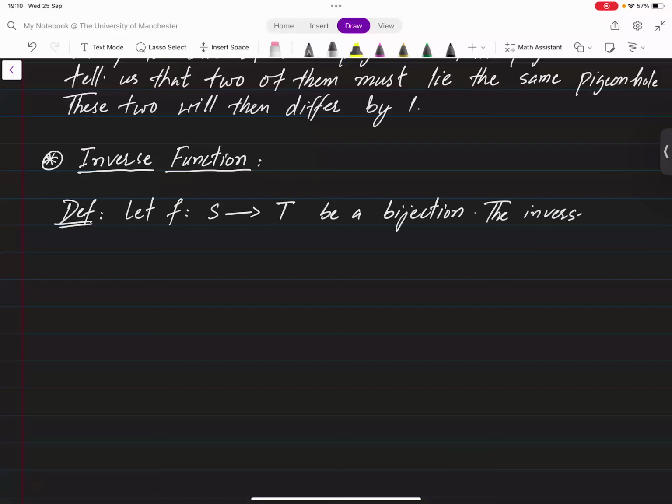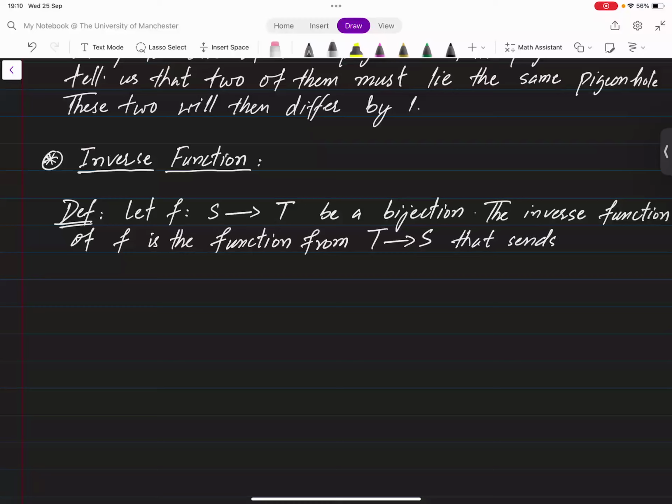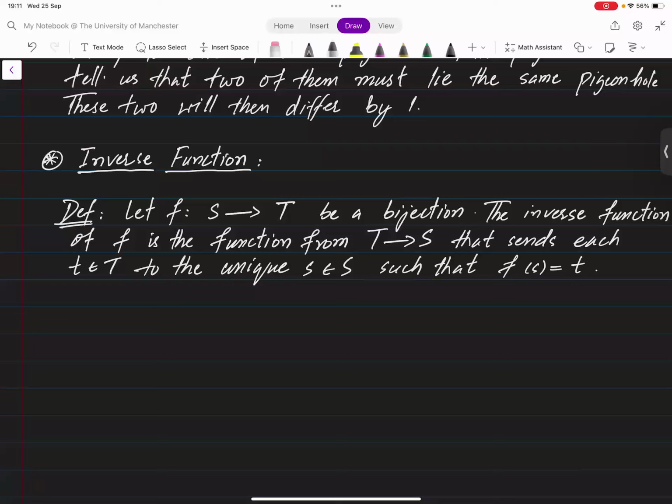The inverse function of f is the function from T to S that sends each t in T to the unique s in S such that f of s is t. Okay. And we denote the inverse function by f inverse.